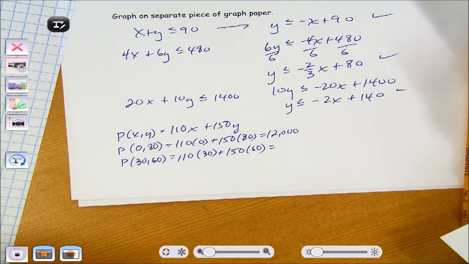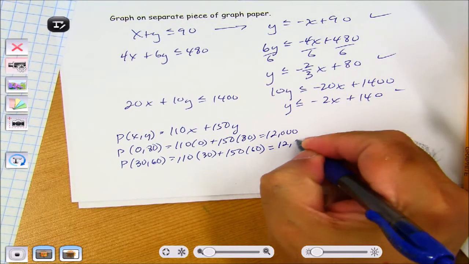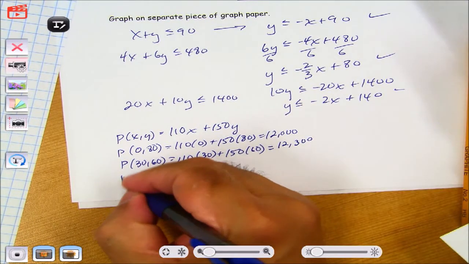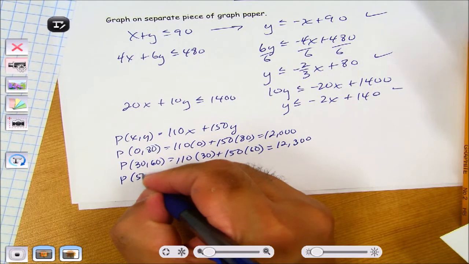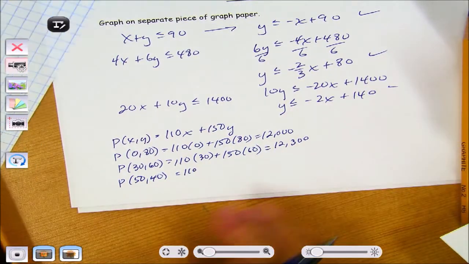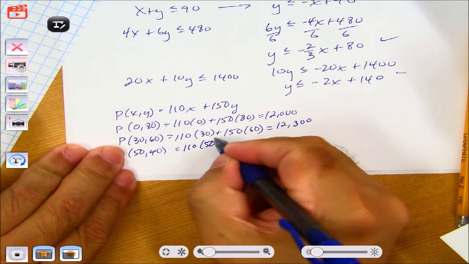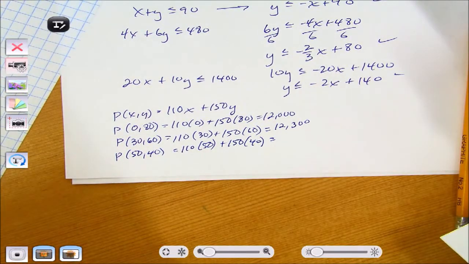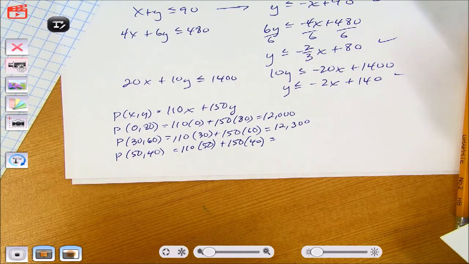And I got 12,300. And 50, 40, and I got 11,500.